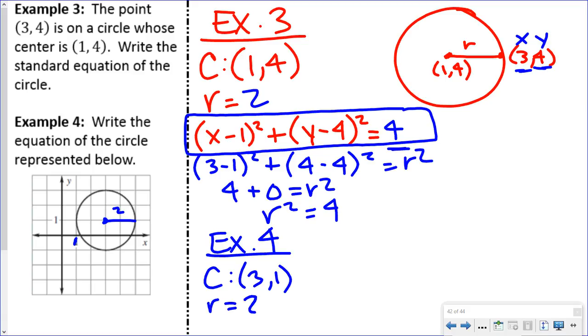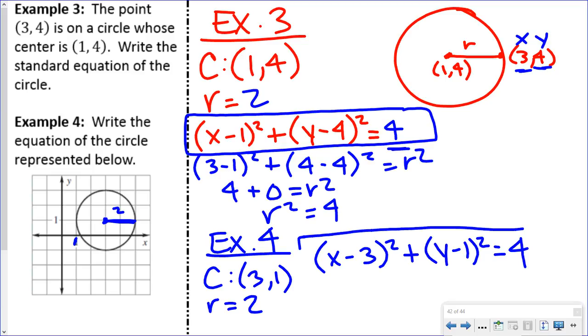And the radius, when you just count, I would just do the straight across one. I wouldn't try and do some weird diagonal one. Why not do the easy part? And now you just write it out. That's the equation of that circle in the graph.